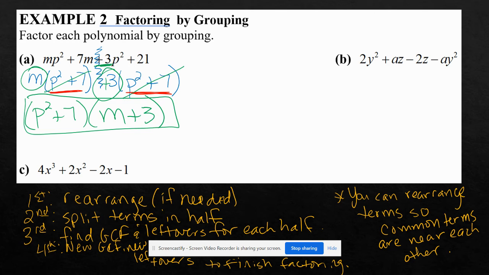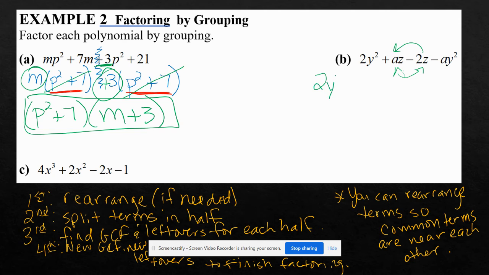All right, letter B. Well, if I were to split this in half right now, the left side has nothing in common and the right side has nothing in common. So I wonder if I flip-flop these, if that would help. Well, let's try it.